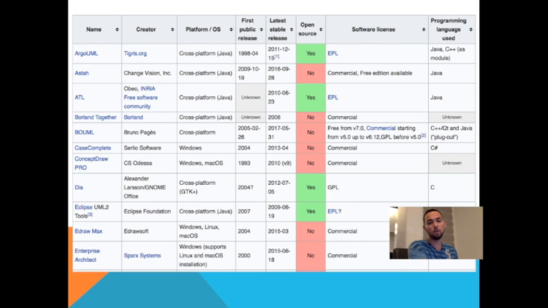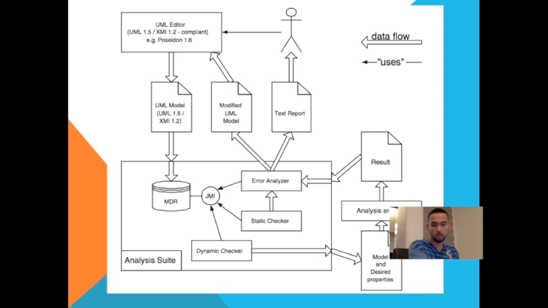To continue on the previously mentioned idea of UML-sec, I'll go over some work done by Jen Jargent and Pacha Savalan. In here, they present tool support for checking security requirements associated with UML-sec stereotypes.